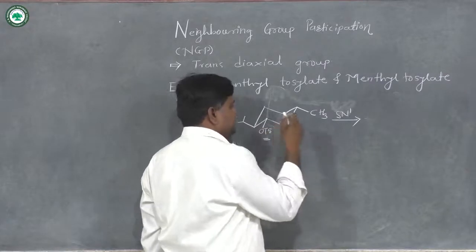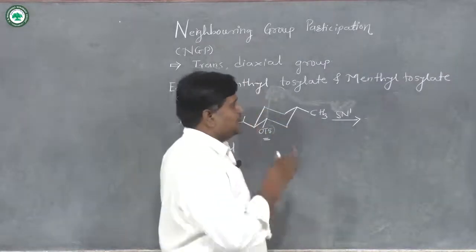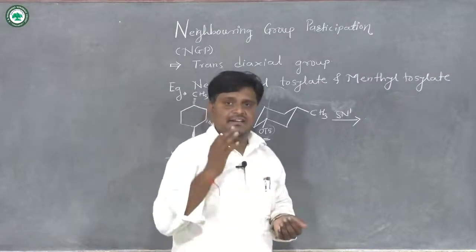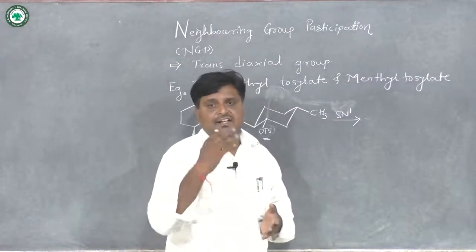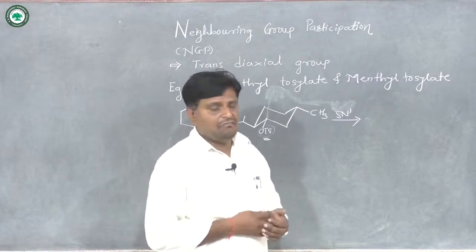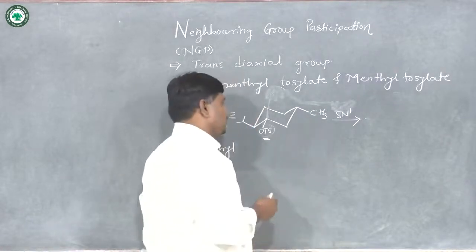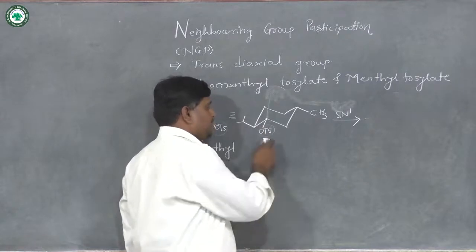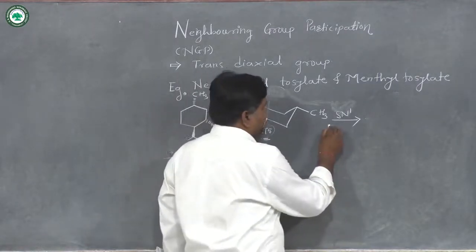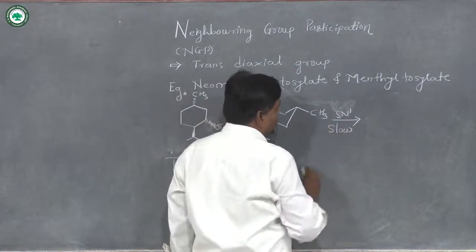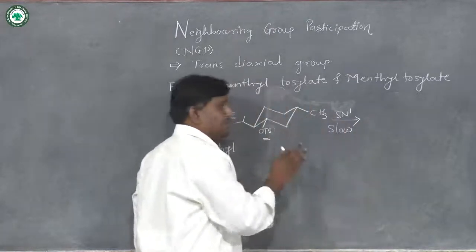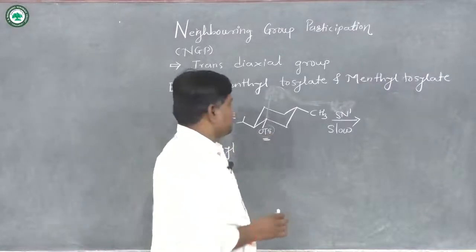In an SN1 reaction, the first step is generation of carbocation, and the other step is attack of nucleophile. Formation of carbocation is carried out in the first step, and that first step is a very slow step. There is no neighboring group participation, so this step is very slow, okay.